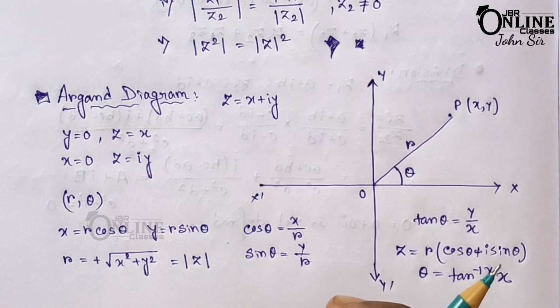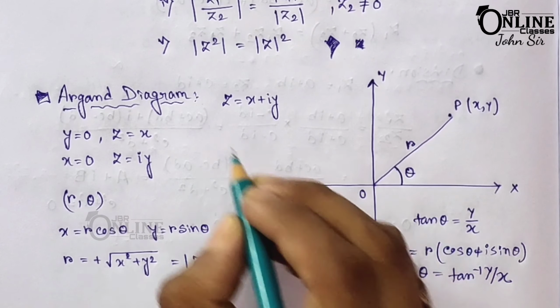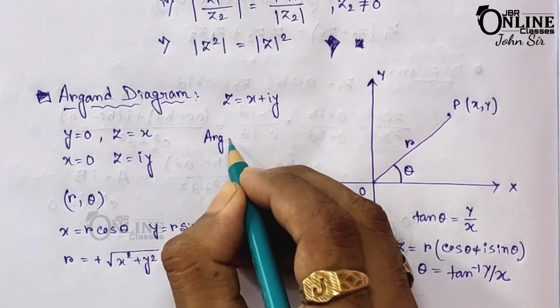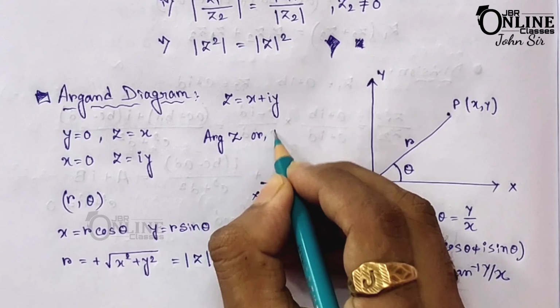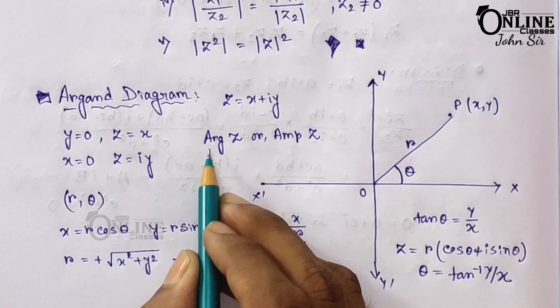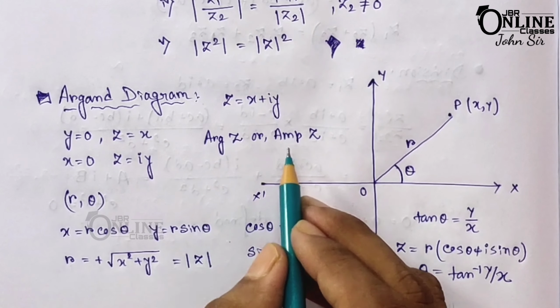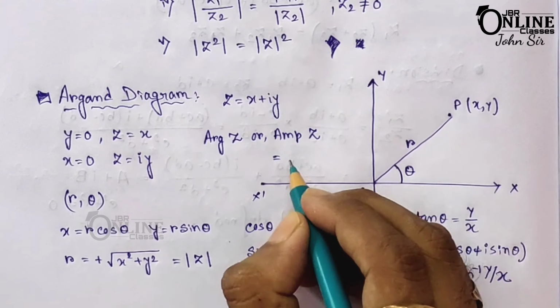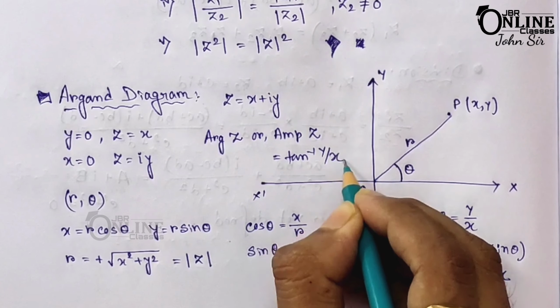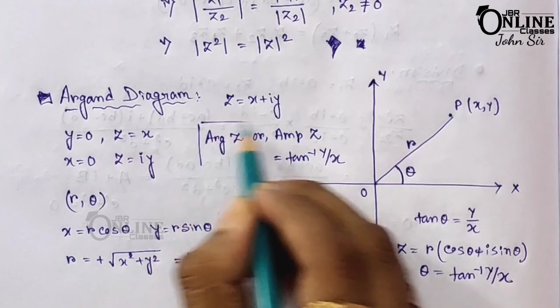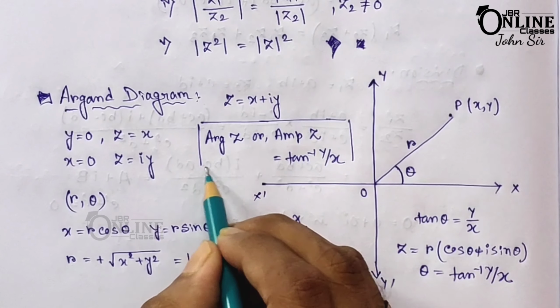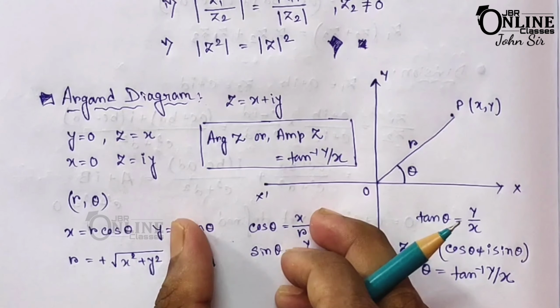That means the value of theta which satisfies these two equations is called the argument or the amplitude of z, and it's denoted by arg z or amp z, that means argument or amplitude, and that equals tan inverse y by x. So this is the method you have to use to find the argument or the amplitude of the complex number.